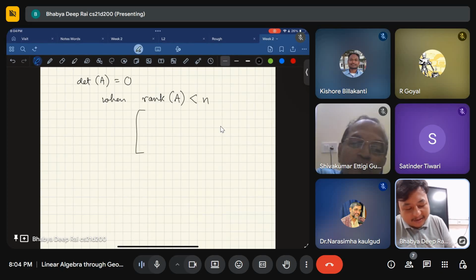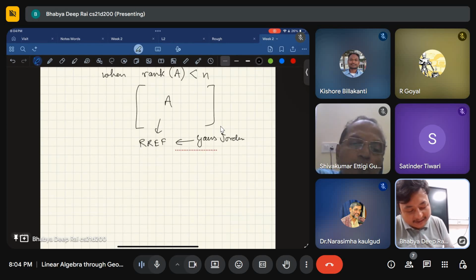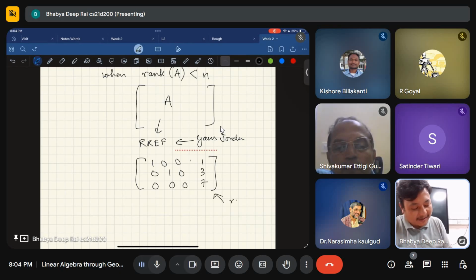So if you look at the matrix A and you ask what is the rank, well, I'll bring it to reduced row echelon form using Gauss-Jordan, and I get something like 1 0 0 star, 0 1 0 star, and here 0 0 0 star. I'll replace the stars with some actual numbers, 1 3 7. Here we say that the rank is 2, because there are only 2 pivot elements.